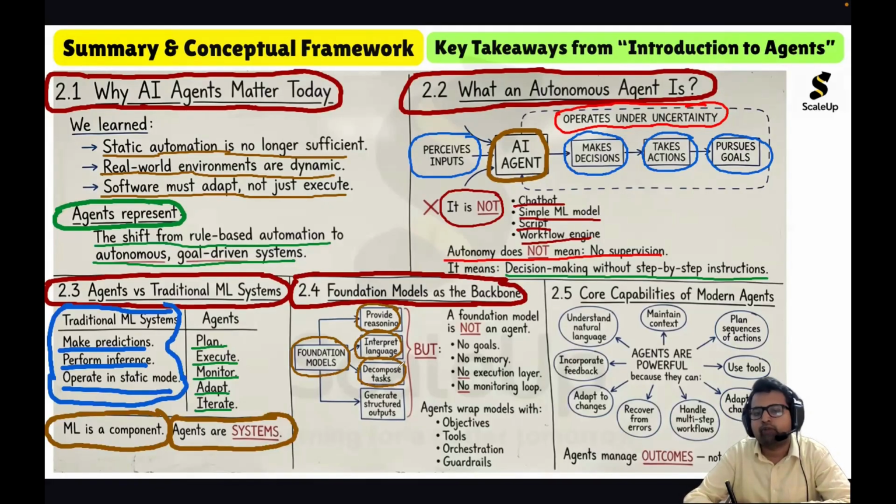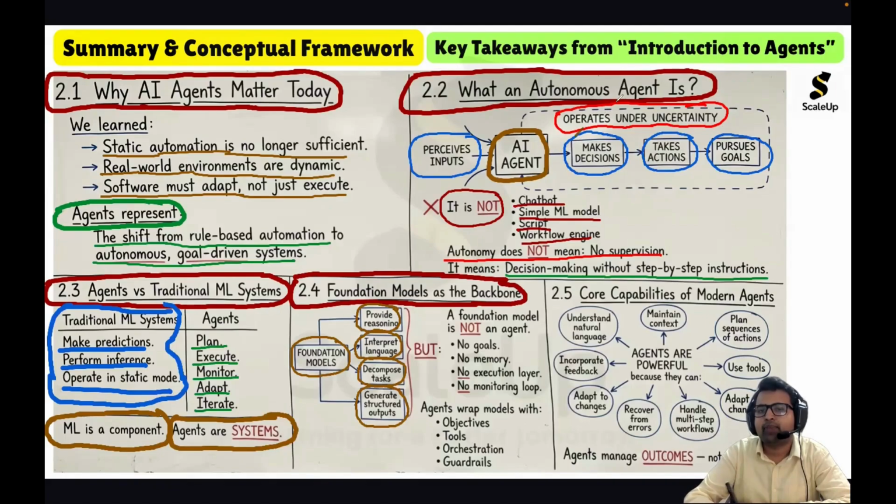Planning is all about, whatever end goal I have to achieve, I decompose it, I make some action plan. I decide the set of actions which need to be taken in order to achieve the main goal. So that is decomposing the task. And LLMs, foundation models, can generate structured outputs. They can understand natural language, and they provide a reasoning framework. So the foundation model is the backbone of agentic AI applications, wherein the intelligence in an agentic AI application is because of the foundation model.